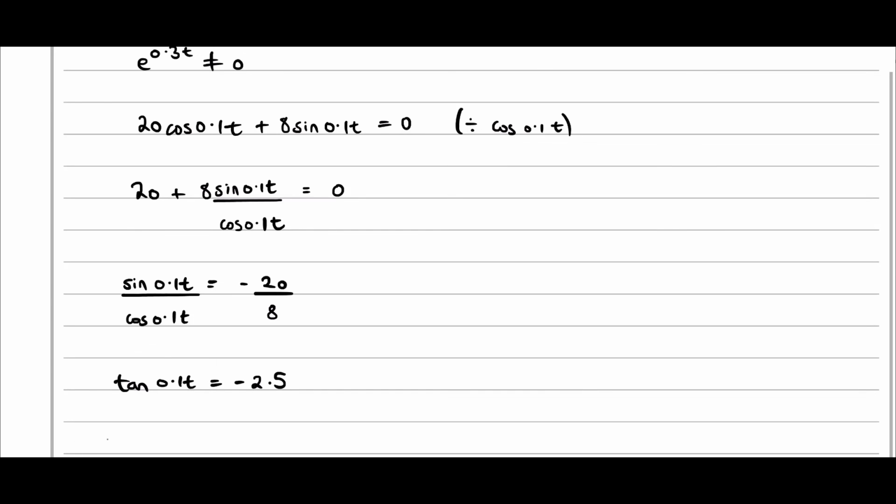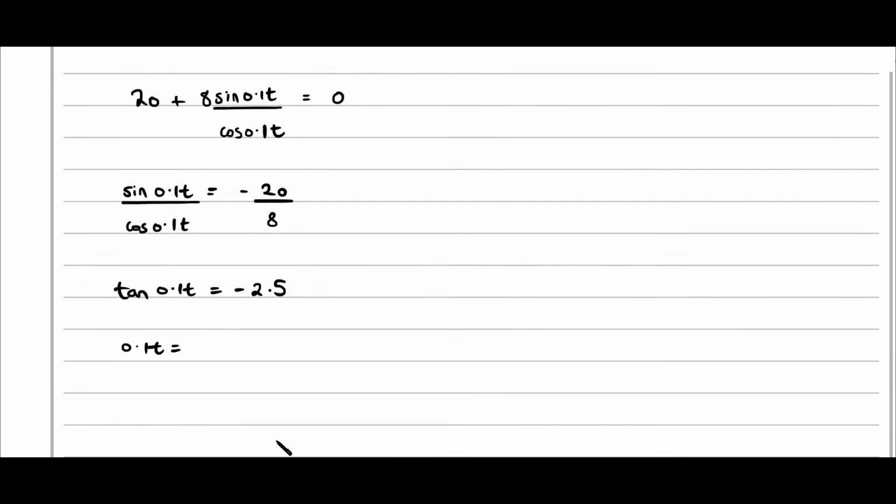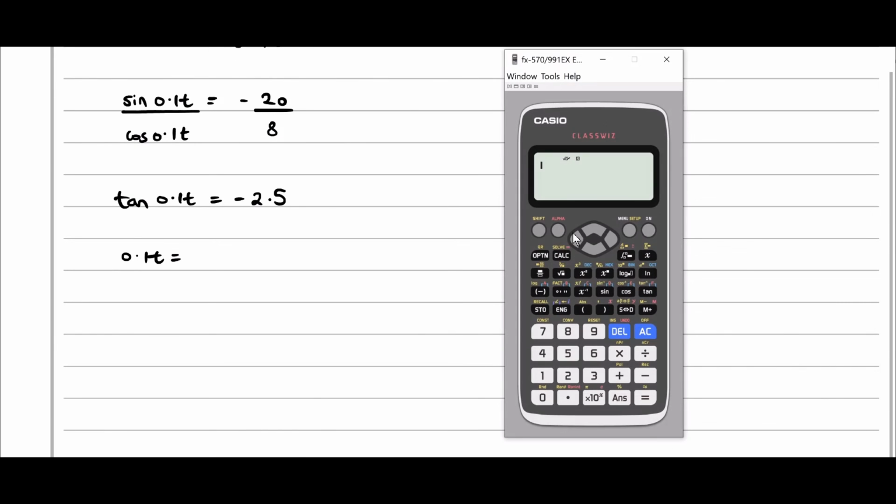So 0.1t, we find the inverse tangent of minus 2.5. We find that to be minus 1.19, etc. And then we add pi, because remember we want t to be positive.